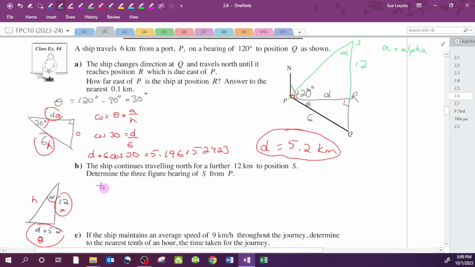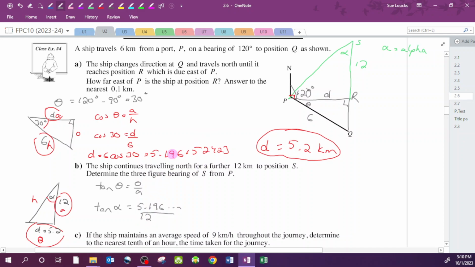So tan theta is opposite over adjacent, because I always start with that. And then I'm going to plug in what I'm using this time. So it's tan alpha equals, it's actually not 5.2, because I'm going to use this number, 5.196 over my adjacent, which is 12.